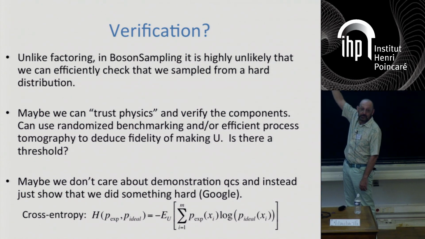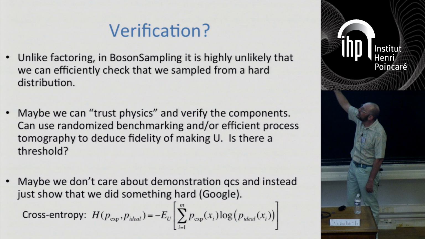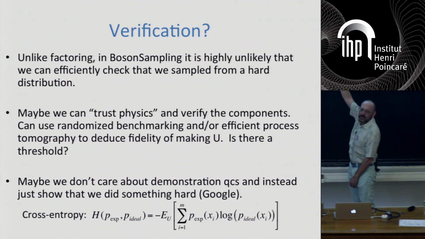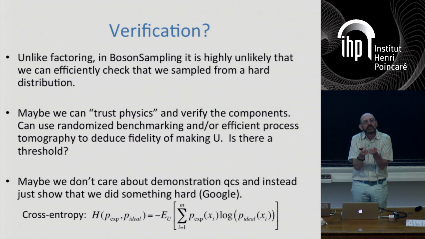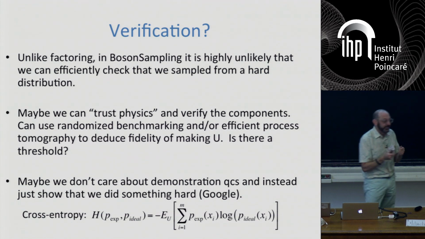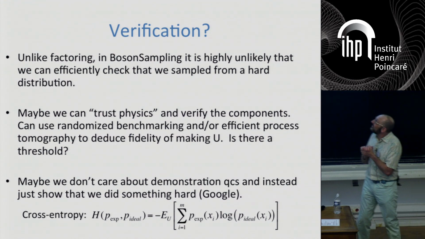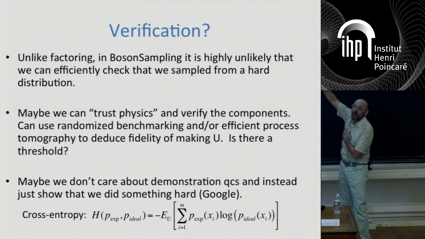It would be very hard to do, but they have a lot of computing power, so they do it, and then they compare that to what they measure experimentally, and thereby see that they are creating pretty highly correlated, pretty highly entangled systems. In my view, this is interesting in its own right, even if we can't say that we've collapsed the polynomial hierarchy. I think it's still a very interesting question to push the frontier to see how much correlation we can generate in a system. And I hope these atom lattice problems are a way to get there. So I'll stop there.